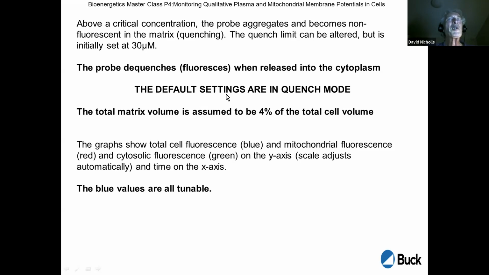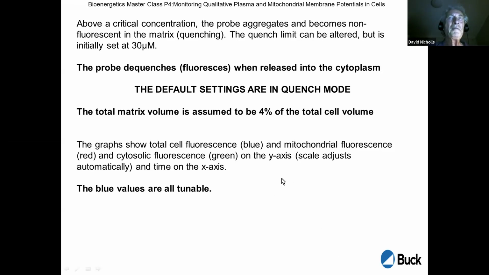The default settings will put you in quench mode, basically. You assume the matrix is 4% of the total cell volume, and the graphs show the 3 separate parameters, total, mitochondrial, and cytosolic. Anything on the program that is in blue is tunable. Anything that isn't in blue is fixed.